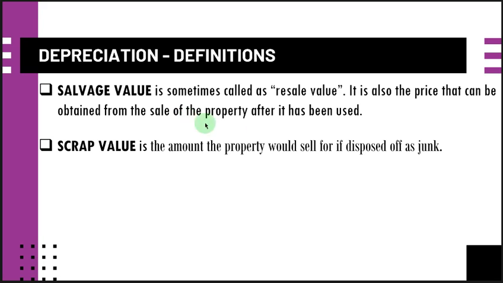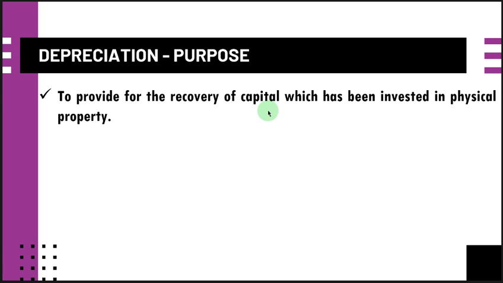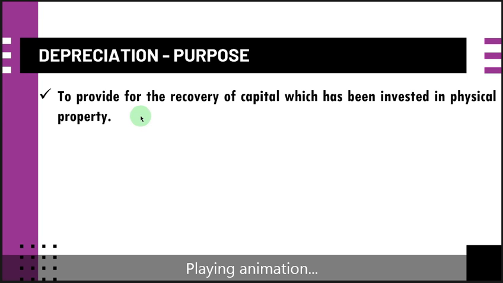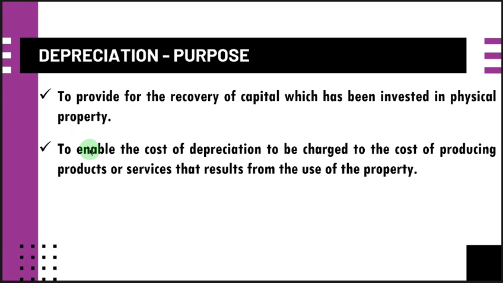So we have now these definitions for the depreciation, and now we will proceed to the purpose of this depreciation. So the purpose of this is first to provide for the recovery of capital which has been invested in physical property. Our second is to enable the cost of depreciation to be charged to the cost of producing products or services that result from the use of the property.